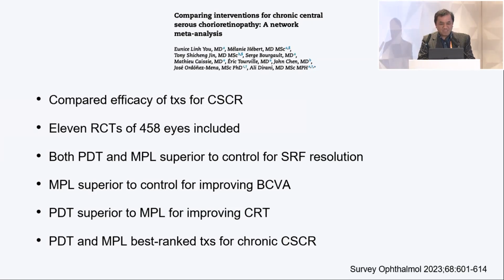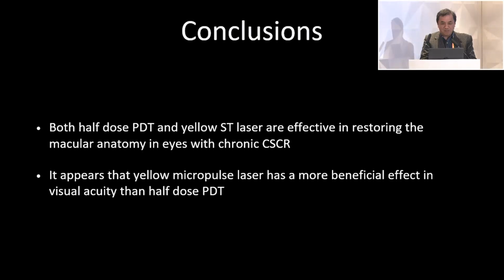The micropulse laser was superior to the control for improving best-corrected visual acuity, and the PDT was superior to micropulse laser for improving the choroidal retinal thickness, and PDT and micropulse were the best-ranked treatments for chronic CSCR. So don't discount the use of micropulse laser, particularly if you do not have PDT available in your area.